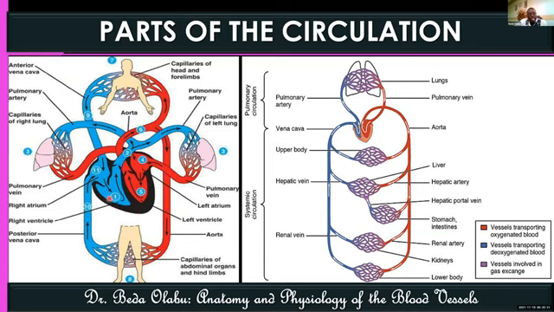And the blood coming back to the heart from the lower part of the body, the junction still being the thoracic diaphragm, will enter via the inferior vena cava. So whether it comes from the superior vena cava or inferior vena cava, that is still systemic circulation.